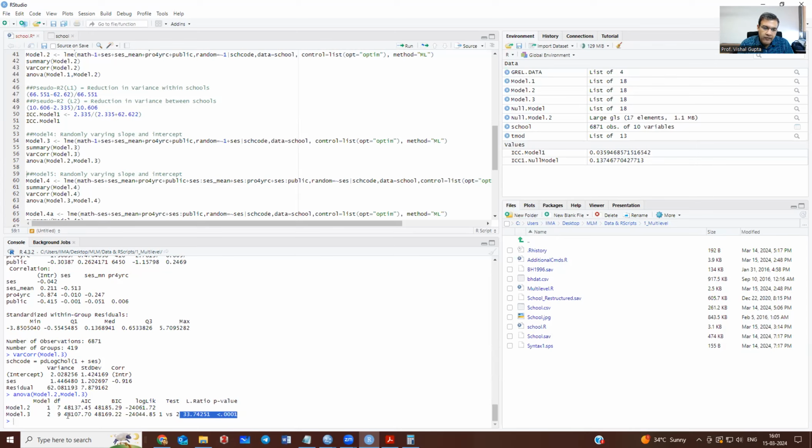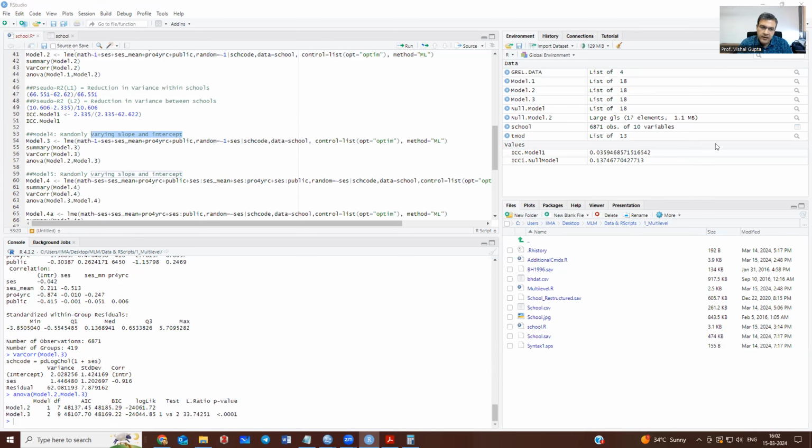A model having a lower AIC, BIC and deviance. So we are saying that not just randomly varying intercept, but randomly varying slope also is a good model. We should also model that there is a random slope.